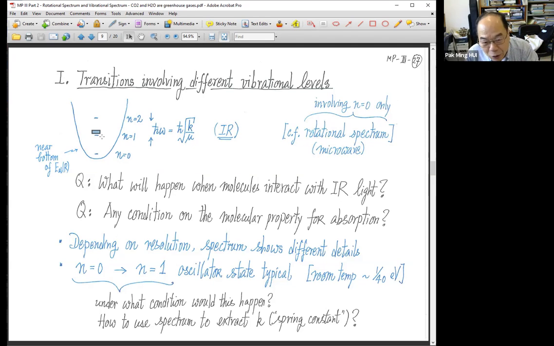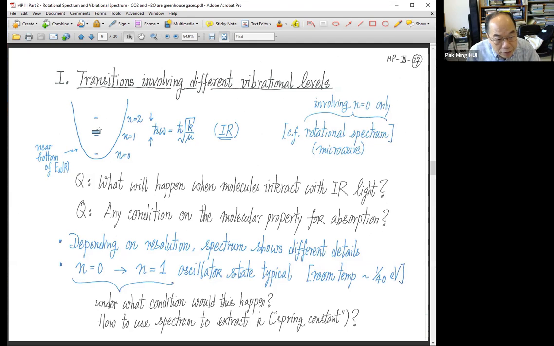When that occurs, you have a vibrational-rotational spectrum. I hope that you understand the name now, because both the n index and the L index are involved in such a transition. Okay, so that is the big picture.